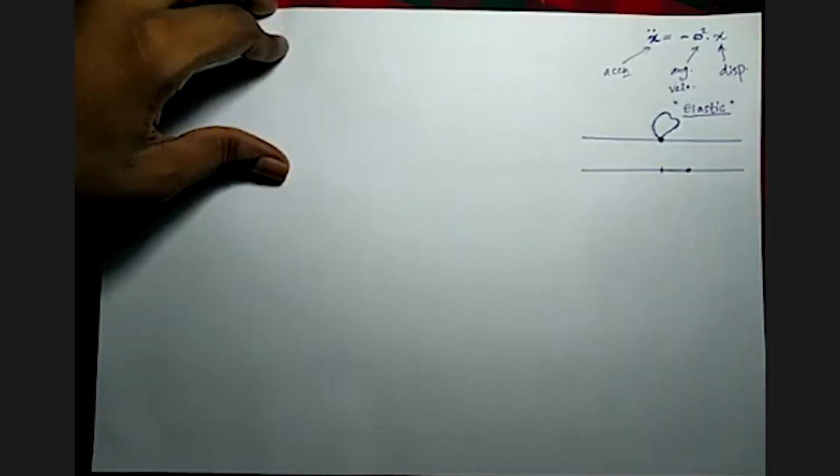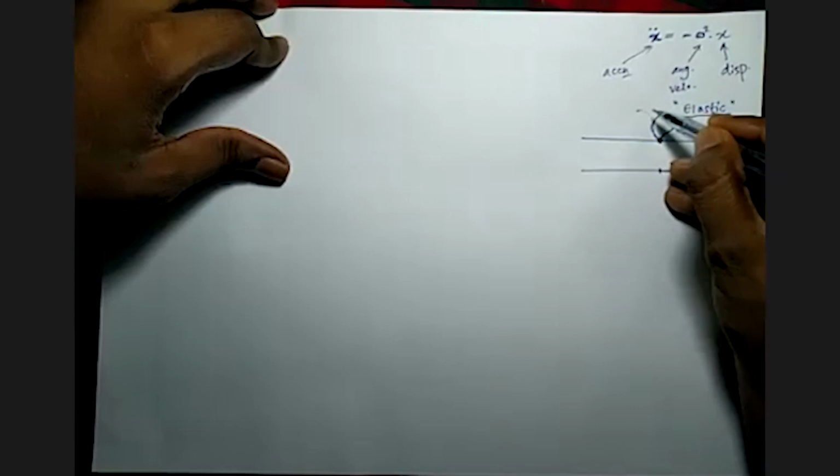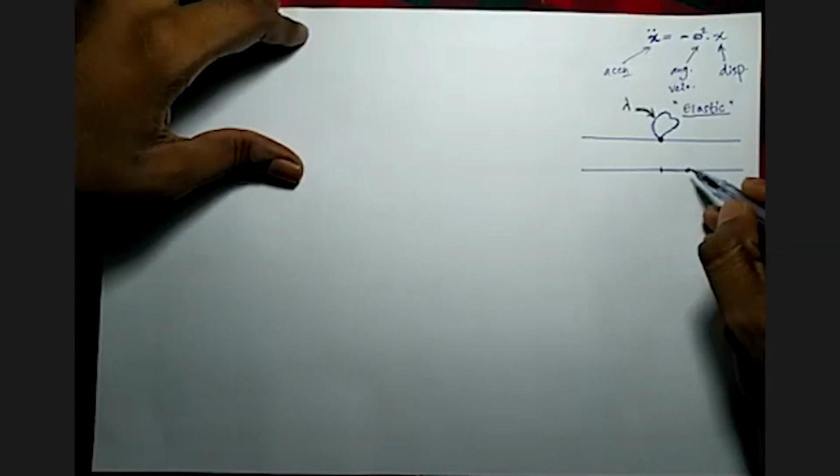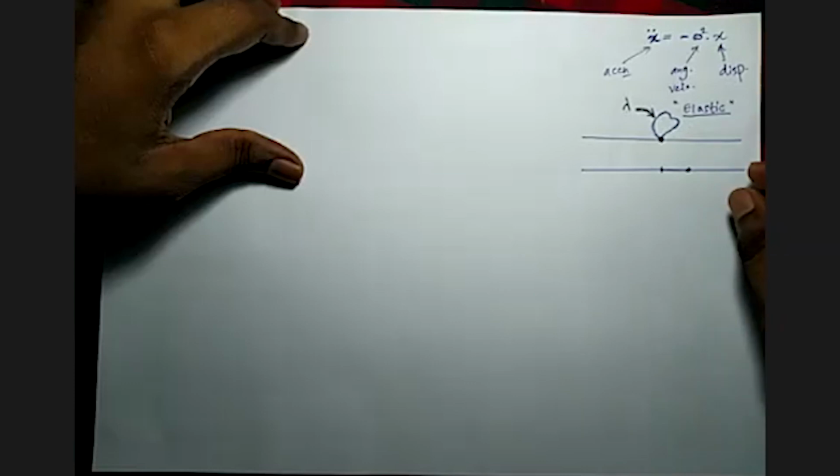They can't stretch. But in simple harmonic motion, we deal with elastic strings. They can stretch to a certain extent. Therefore, they have a special constant called the modulus of elasticity, normally denoted by lambda. Then, according to that constant, these elastic strings can extend.